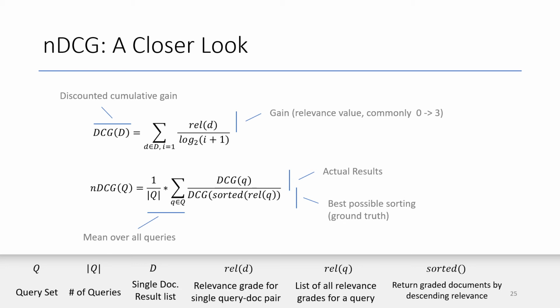So for example, if you want to value highly relevant documents stronger, then you can increase their relevance gain. And then the position discounting in this case is a log with the base of 2. This is the standard implementation, also used in the TREC conference, but of course there are different varieties, as you can imagine.